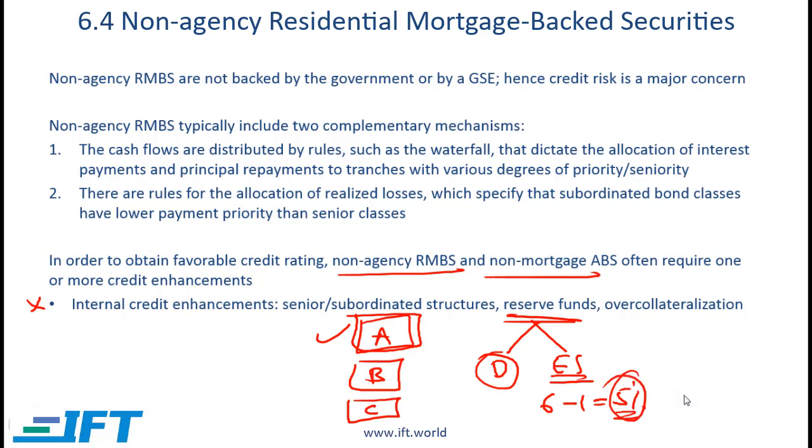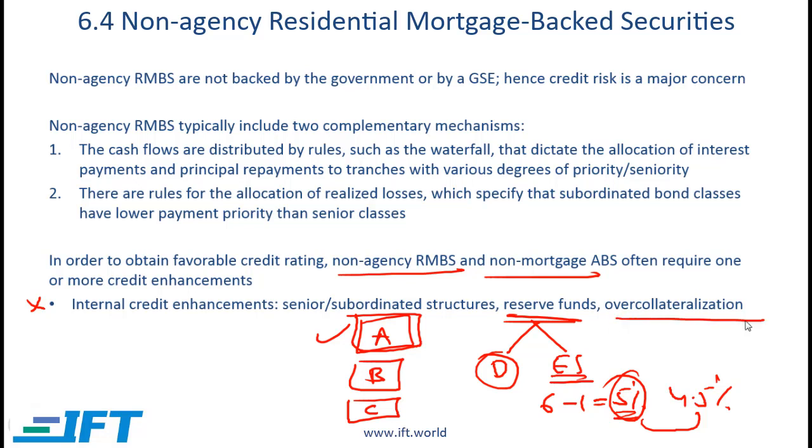But the amount that needs to be paid to the investors or the bondholders is 4.5%. So this extra 0.5% represents the excess spread. When there is an excess spread, that also is one type of an internal credit enhancement.